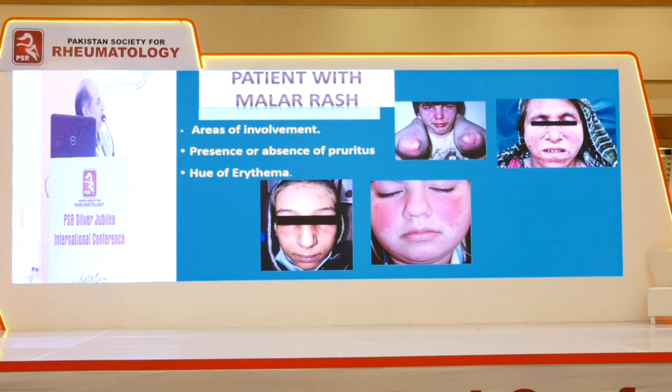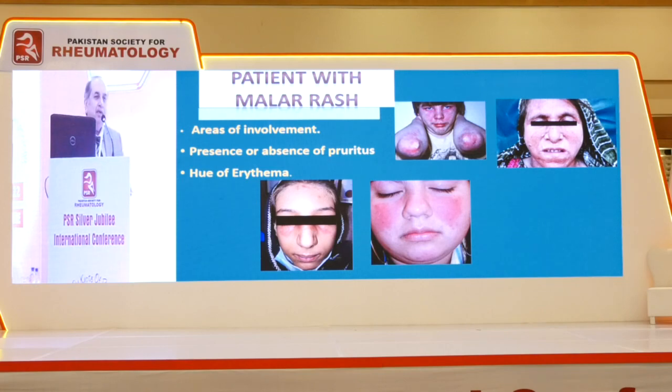Whether it is only involving the bridge of nose and the malar prominences, or it is also involving the nasolabial folds, or the eyelids, or even the forehead, and the other body areas. And if there is any involvement of scalp also or not, then just redness is not important.